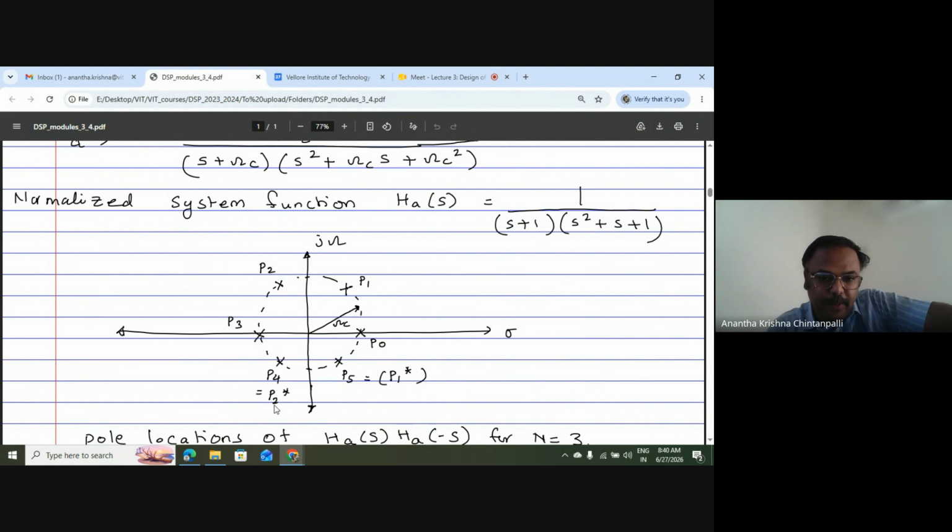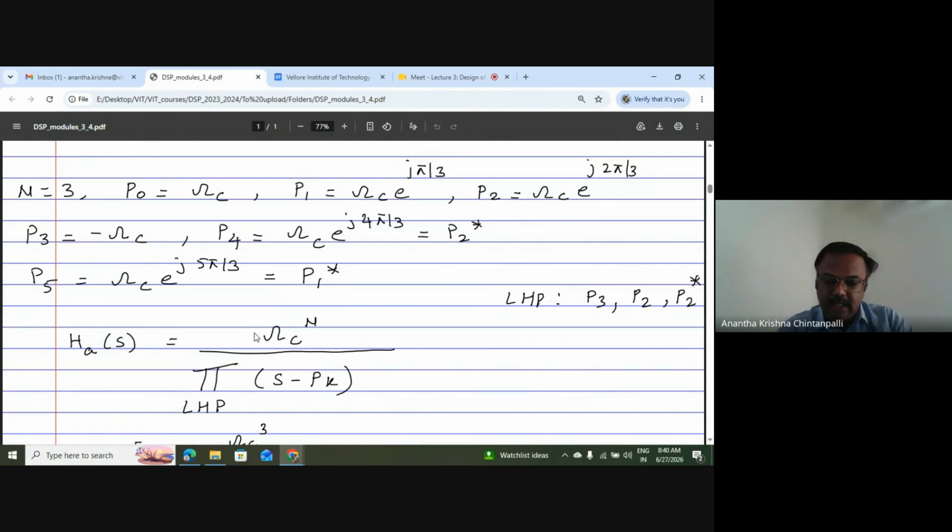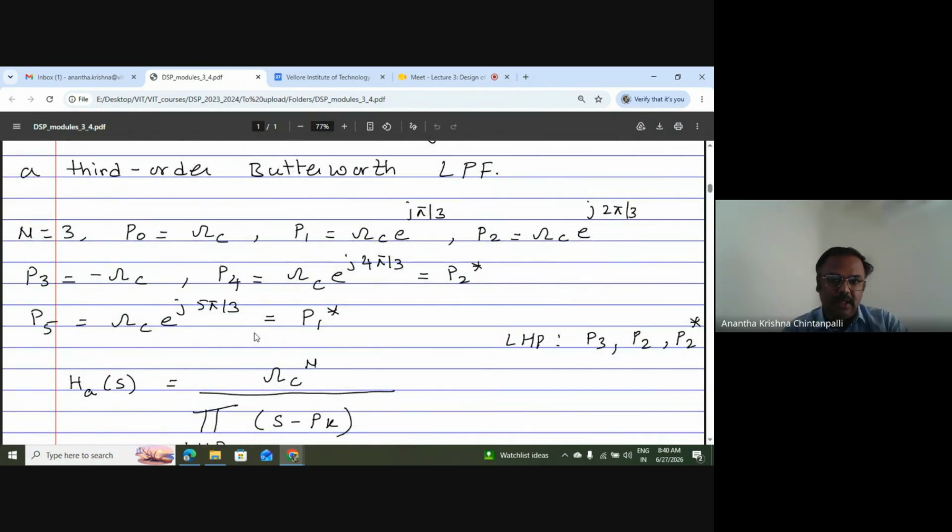So P4 should be P2 conjugate, and P5 should be P1 conjugate. And P0 and P3 are going to be on the real axis. Once you have established this in your mind, you try to derive this expression. Once you use the actual formula for the pole location for n equal to 3, you're going to get this.